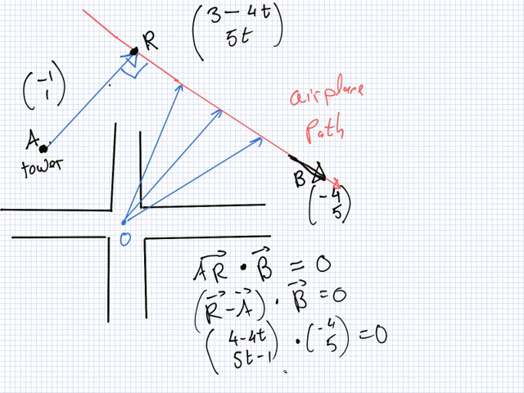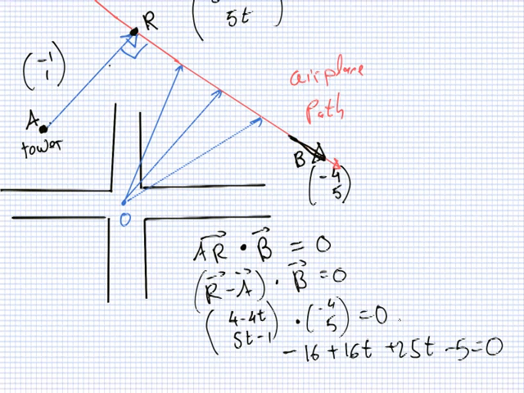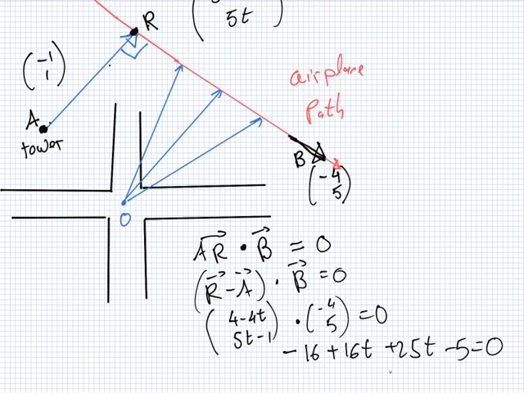Alright. Minus 16 plus 16t plus 25t minus 5 should equal 0. Right, so what do we get for t? 41t equals 21. So t is 21 over 41.